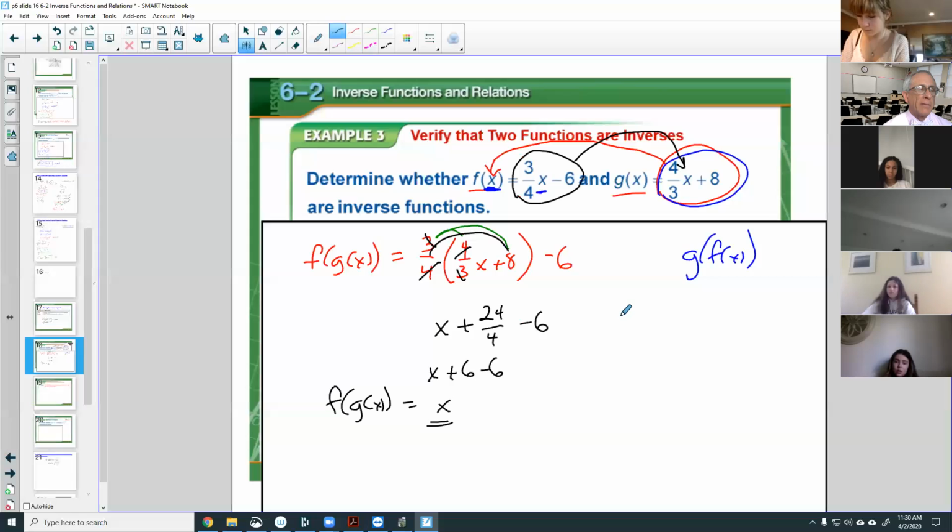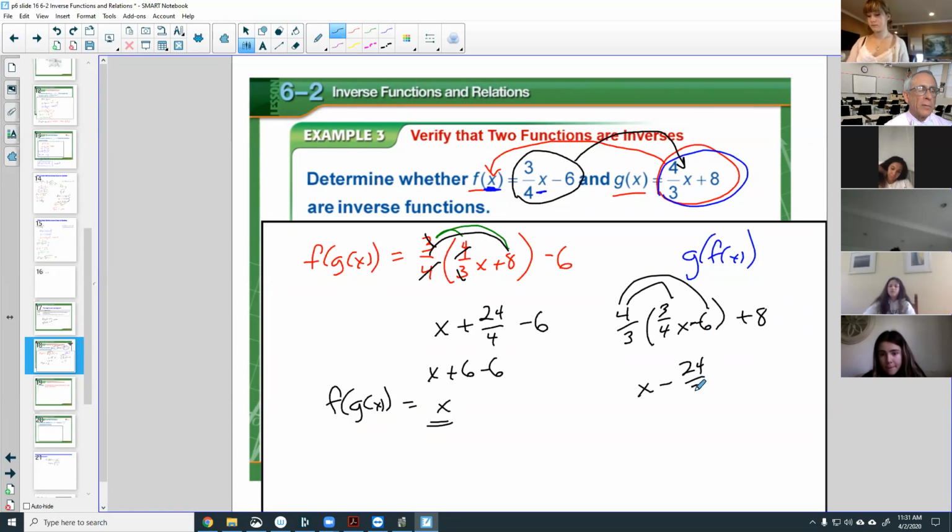So I have 4/3 times 3/4 x minus 6, plus 8. 4/3 times 3/4, that's a reciprocal, so I have x, and 4/3 times -6 would be -24/3, plus 8.